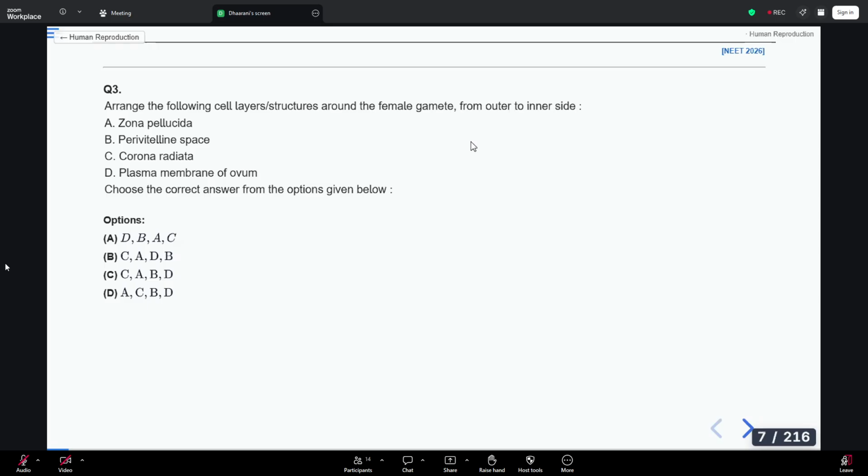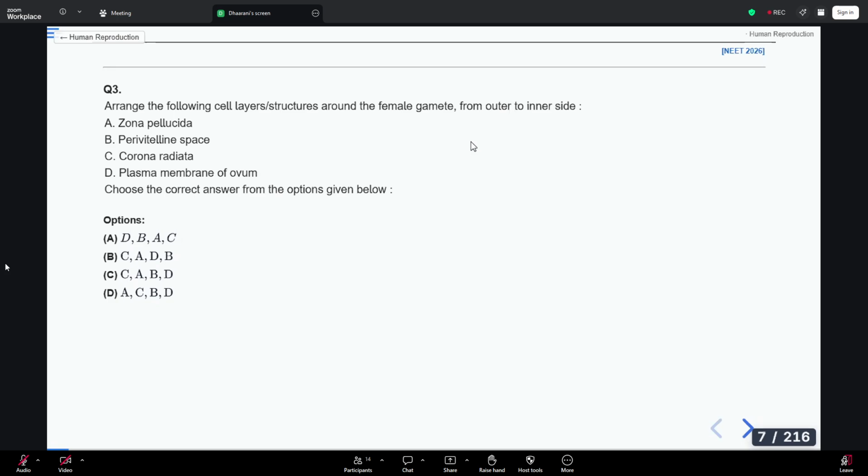So what is the outermost layer? Zona pellucida?